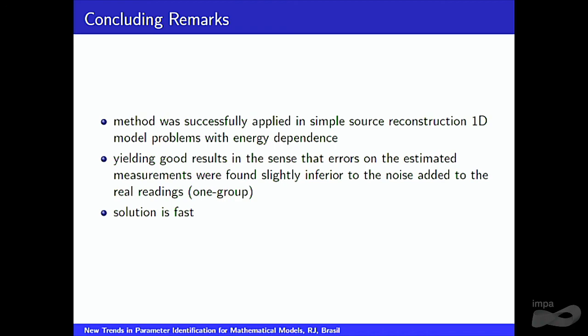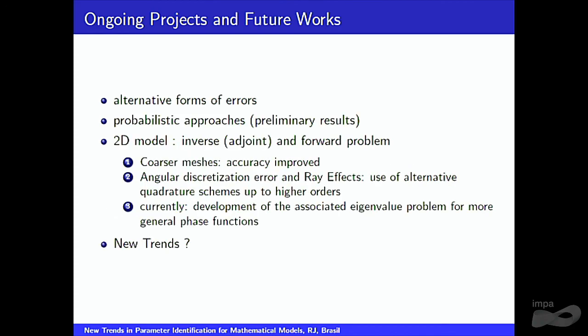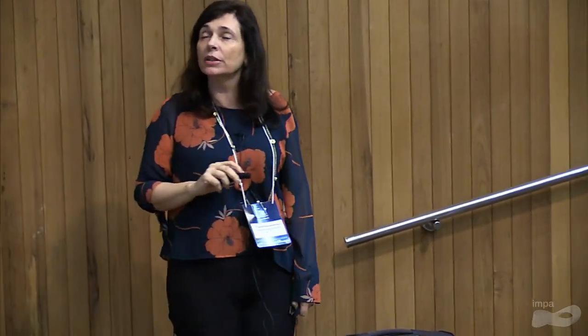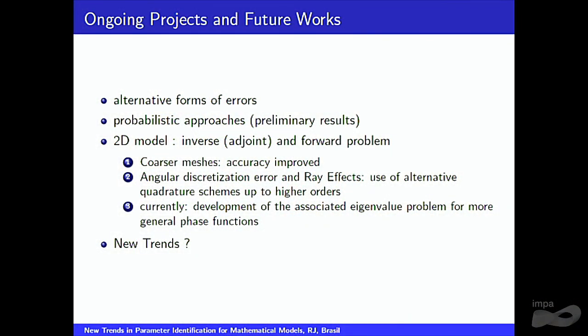The solution is fast in both cases, and we have actually already implemented it using Bayesian inference, the Metropolis-Hastings algorithm, but we just got those results and are still analyzing them, so I decided not to show them here.